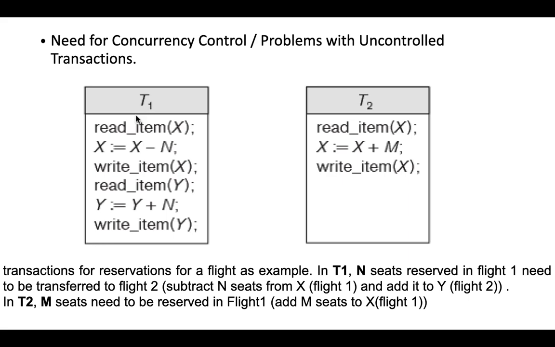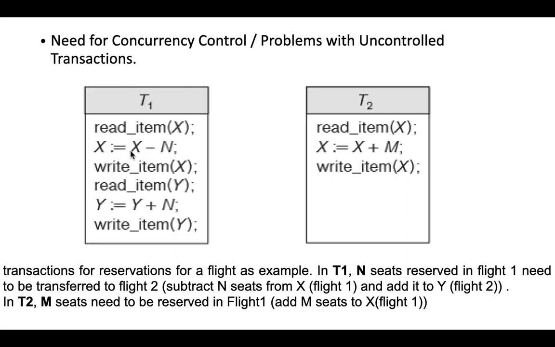Imagine T1 to be a transaction. Read X means your account balance is being read. X equal to X minus N means the 1,000 rupees, we have assumed N to be 1,000, is being deducted from your account. And write X is relevant because when X equals X minus N, that is 5,000 minus 1,000, X becomes 4,000.